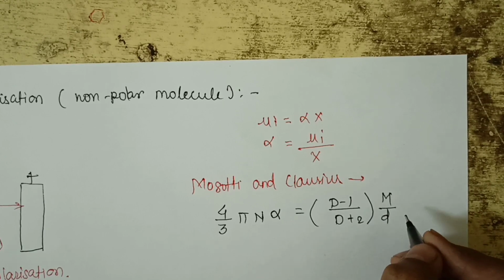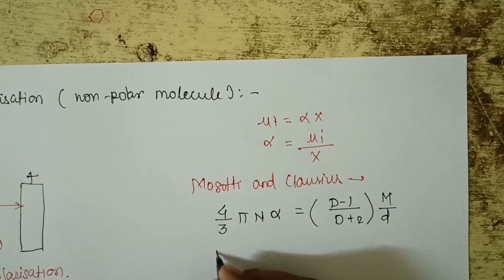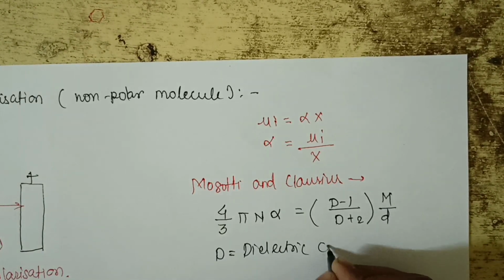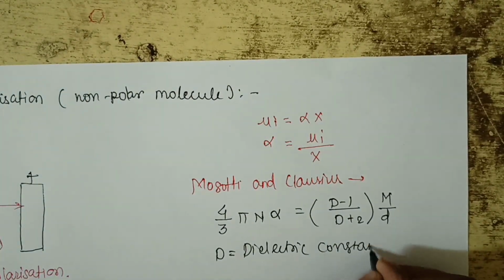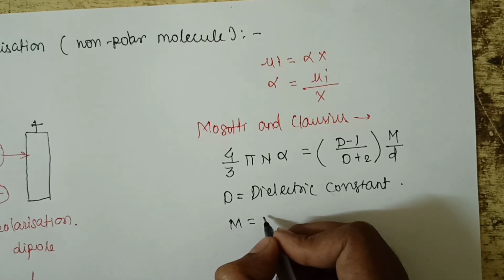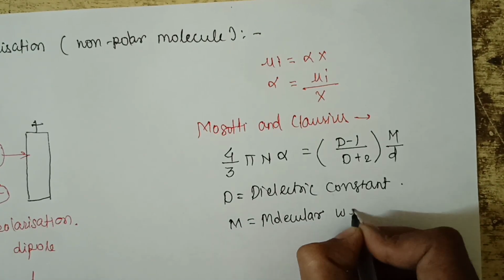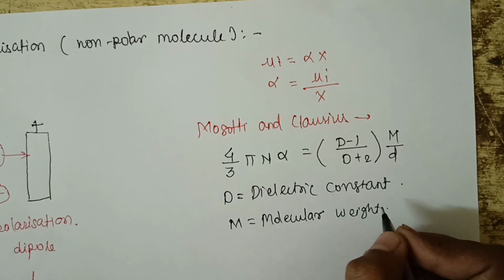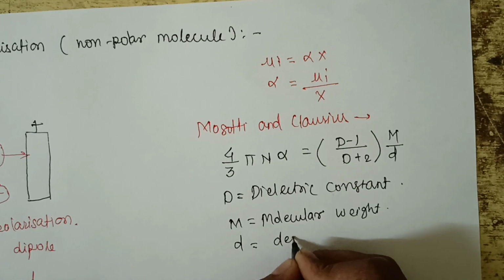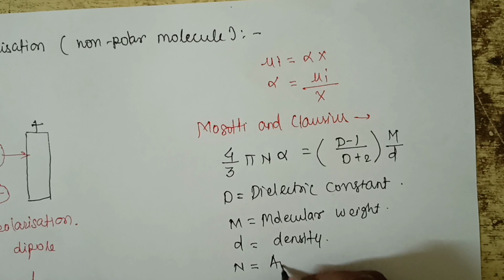Here pi is 3.14, D is the dielectric constant, M is the molecular weight, n is Avogadro's number, and d is the density.